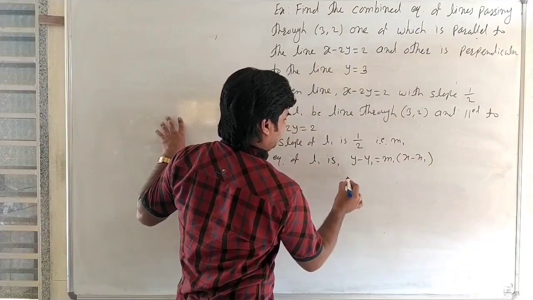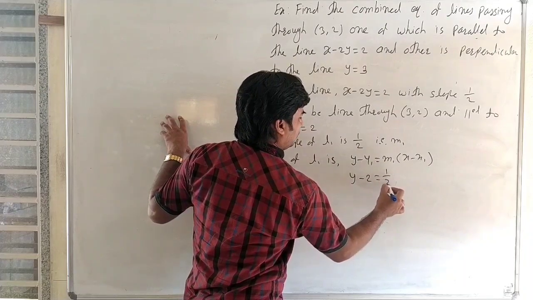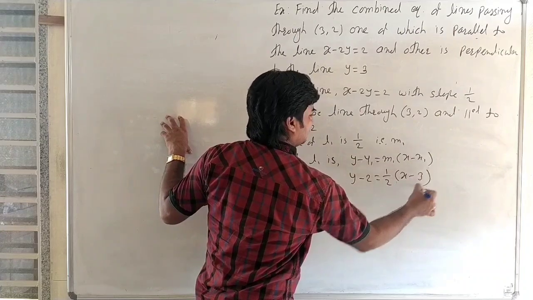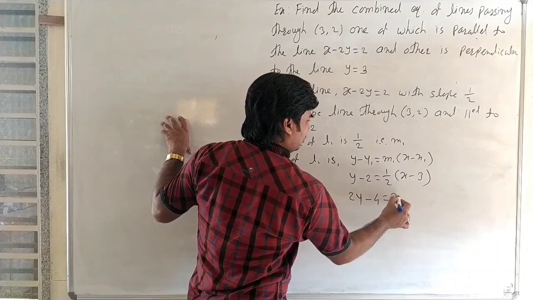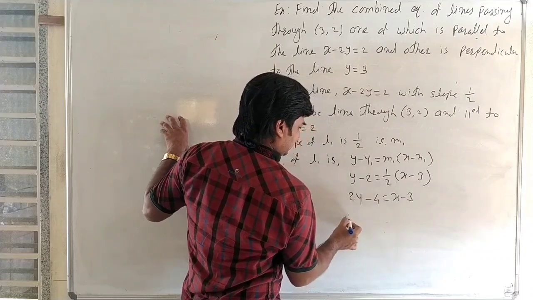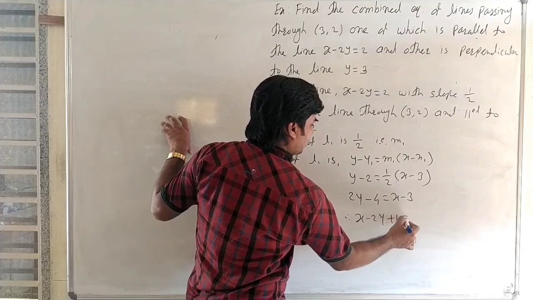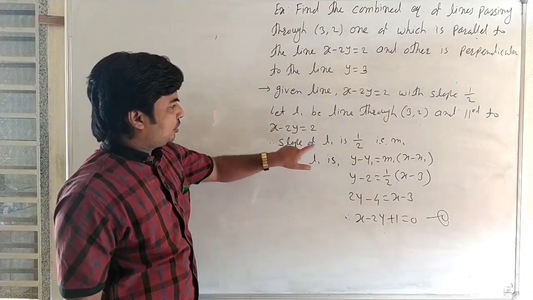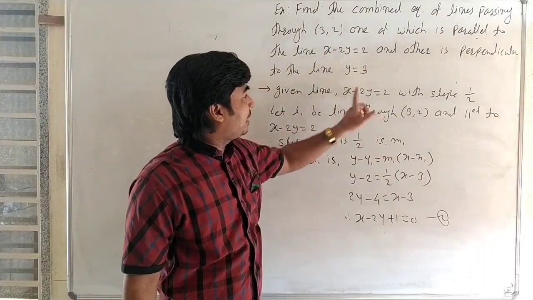Then y - 2 = 1/2 (x - 3). Then 2y - 4 = x - 3, and then x - 2y + 1 = 0. It is equation number 1, the equation of L1 which passes through (3, 2) and is parallel to this line.